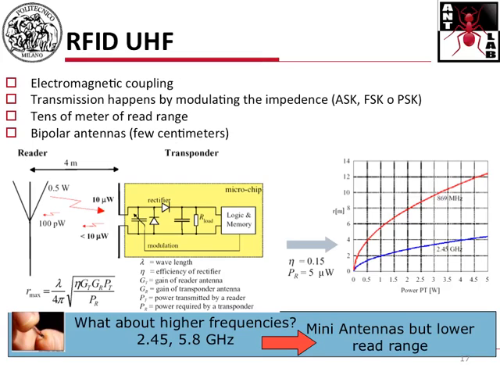As you can see, the more power you put on the transmitter, which is the reader, the higher the reading range, and the reading range increases also if you lower the frequency. So if you are using a lower frequency, you will get farther away, basically.